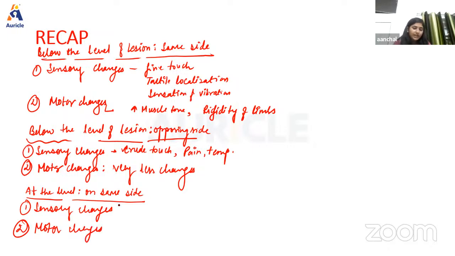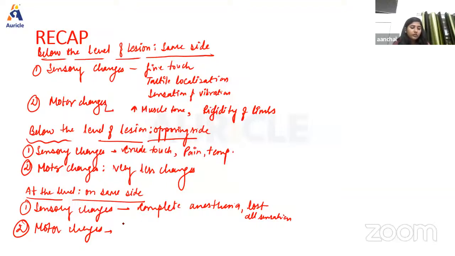On the same side, at the level of hemisection, there is complete anesthesia. That is, all sensations are lost, and this is because of complete destruction of the posterior nerve root. Now the motor changes.